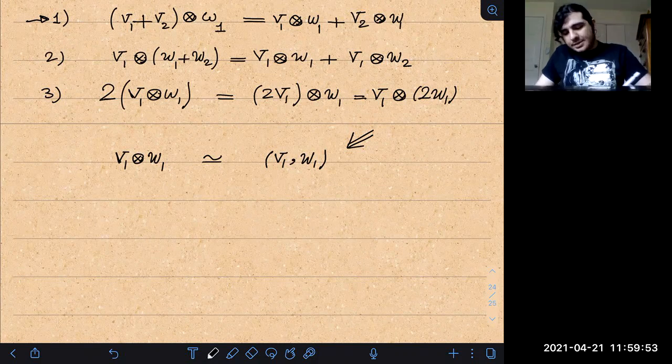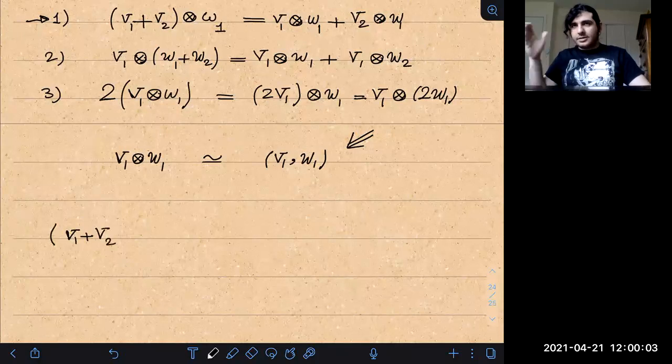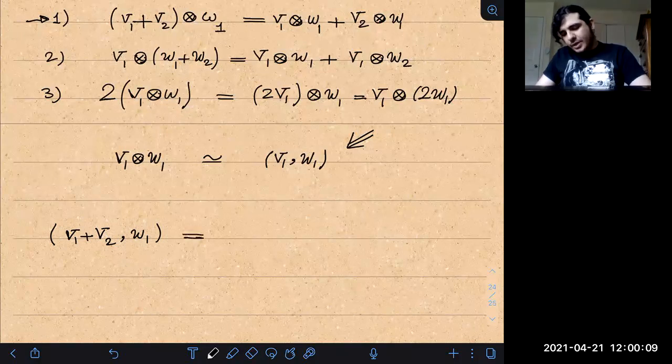Why? Because if I say I'm just putting them next to each other, so if I say I'm writing V1 plus V2, and I'm just writing W1 on its right-hand side, and I would get a pair of the vectors, the first rule says that should be equal to V1 W1 plus V2 W1.